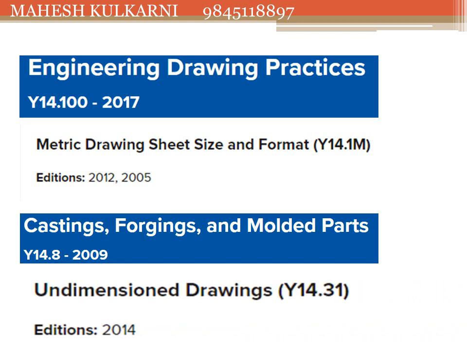The next standard is the undimensioned drawing, Y14.31. This also deals with the different types of drawings. There are different types of drawings: a plumbing drawing, a machining drawing, a casting drawing, a forging drawing, circuit drawings, and a harness assembly drawing.